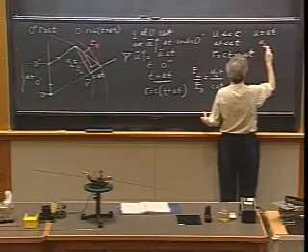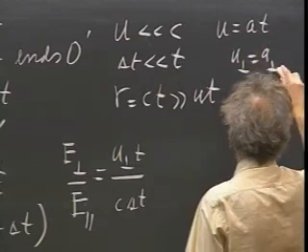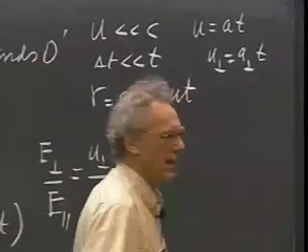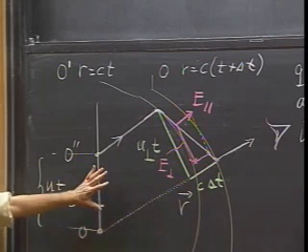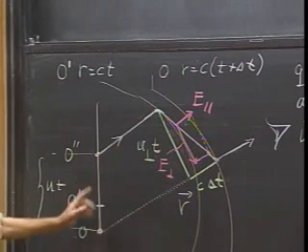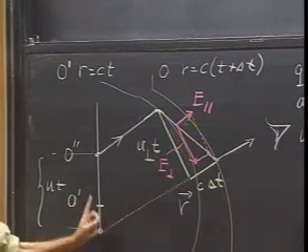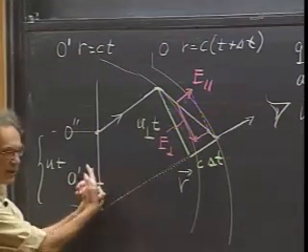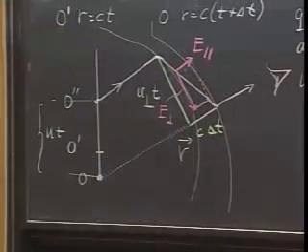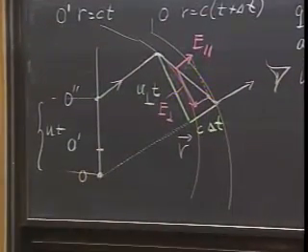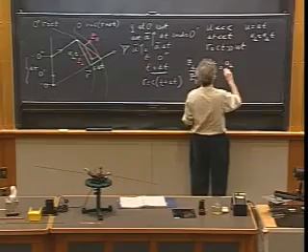So U perpendicular is A perpendicular times T. A perpendicular is now the component of the acceleration perpendicular to R. I don't want to put it in here because it becomes too cluttered, but I will make a new drawing shortly. I'll put the A in there. Acceleration is in this direction, and so A perpendicular is like this. And so I can replace U perpendicular T by A perpendicular.